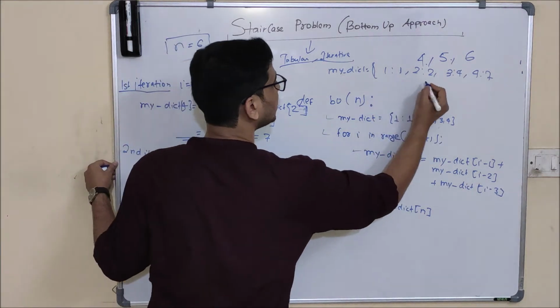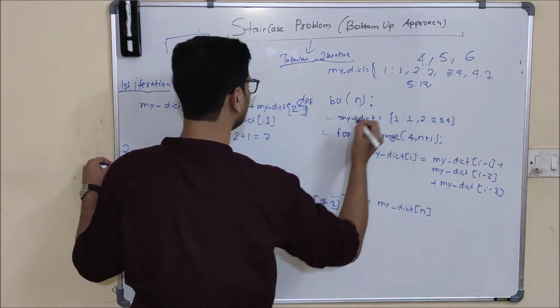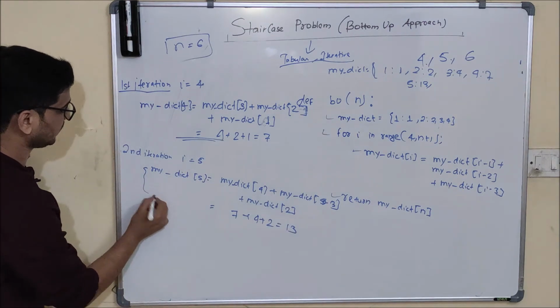So it will update it here 5 30. So this is what will happen in second iteration.